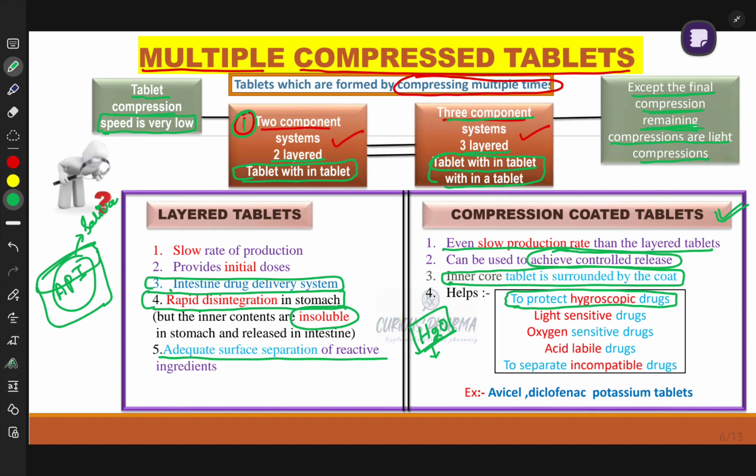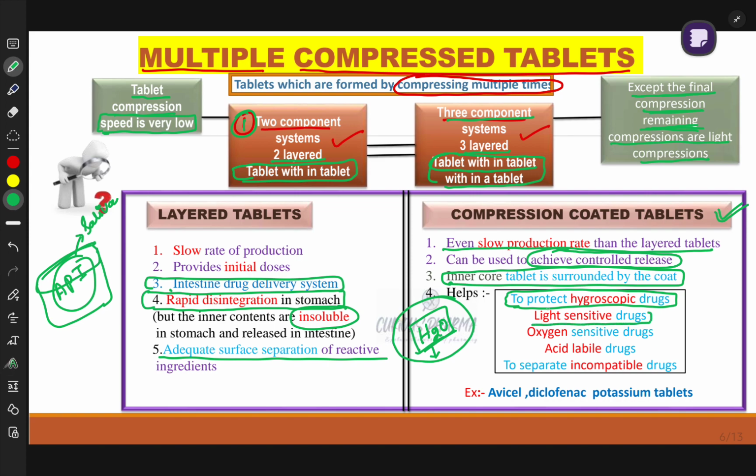So to mask this property, we cover the whole drug inside an excipient or any other substance which is compatible with the external environment, so that it can mask the hygroscopic property of the drug and be released into the intestine or stomach.